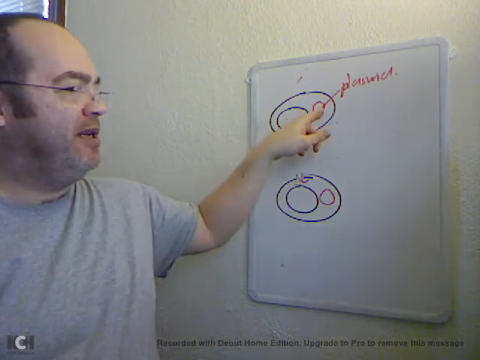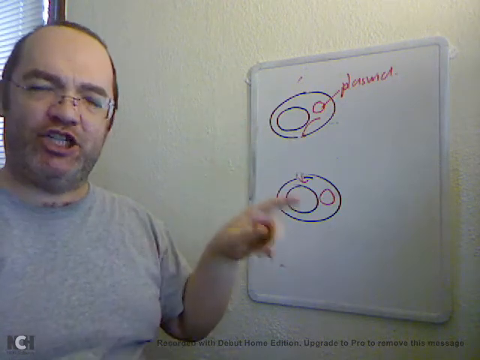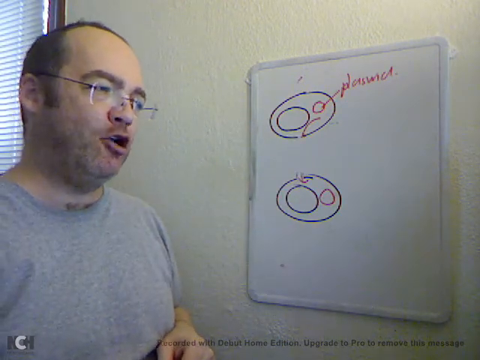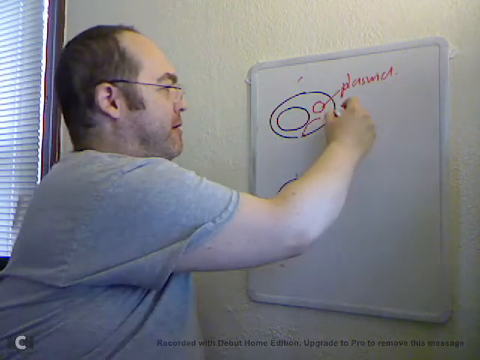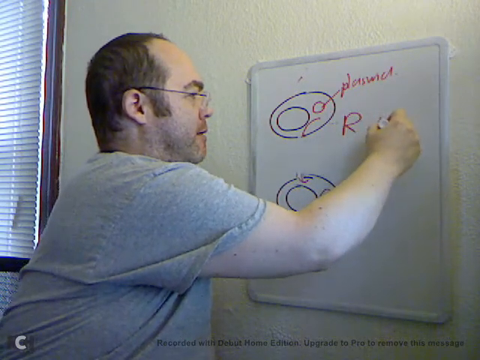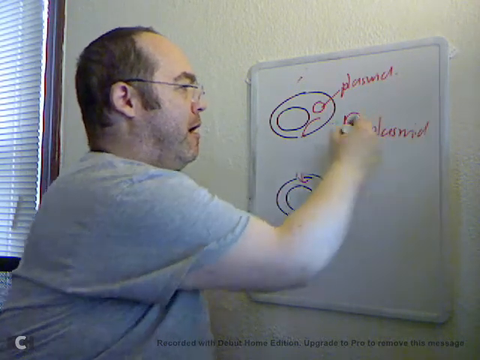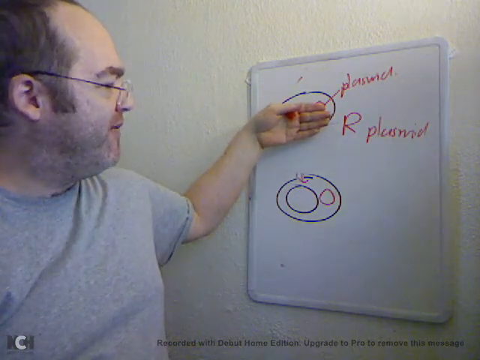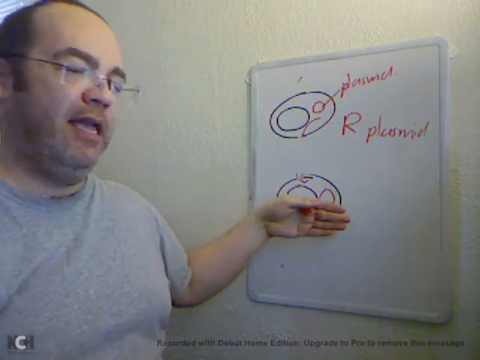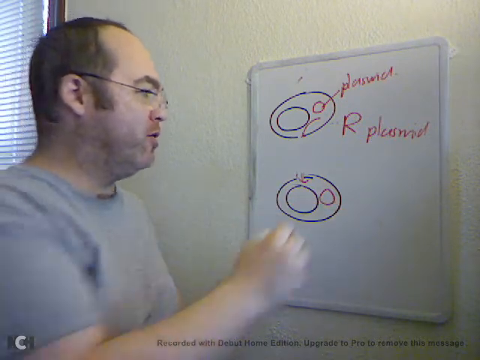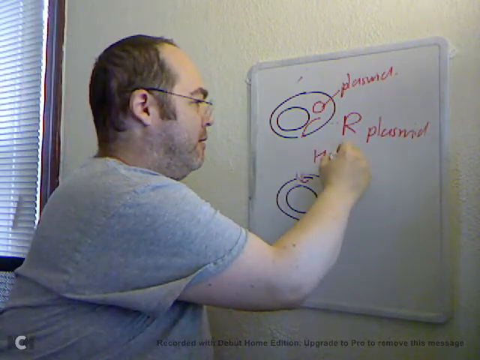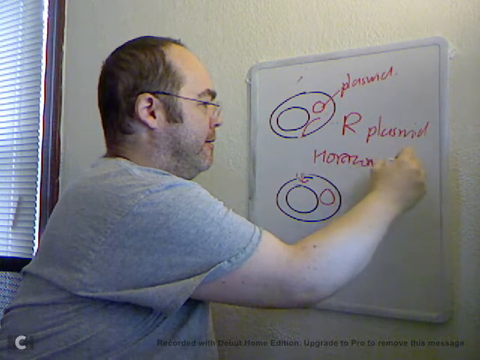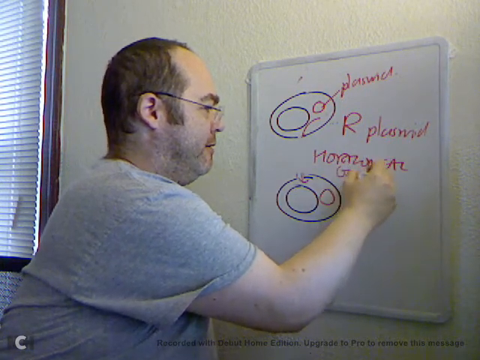Typically, if a plasmid contains resistance genes, it is known as an R plasmid. R for resistance. And this process of giving plasmids to your neighbors is known as horizontal gene transfer.